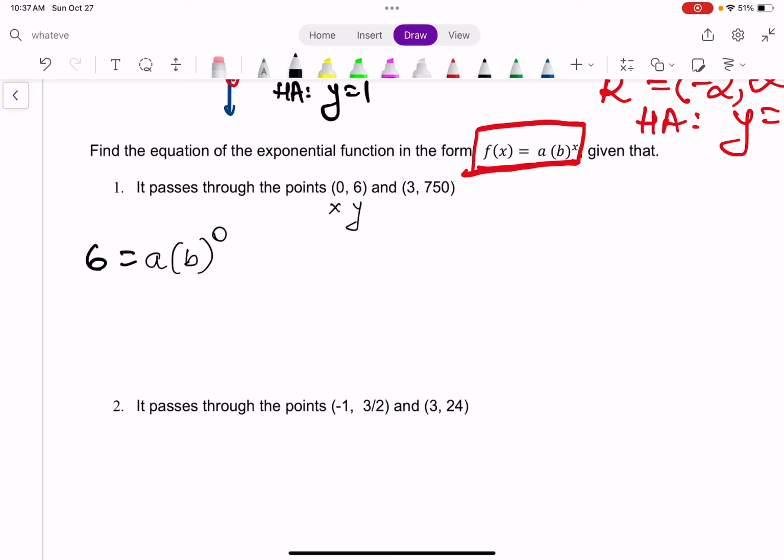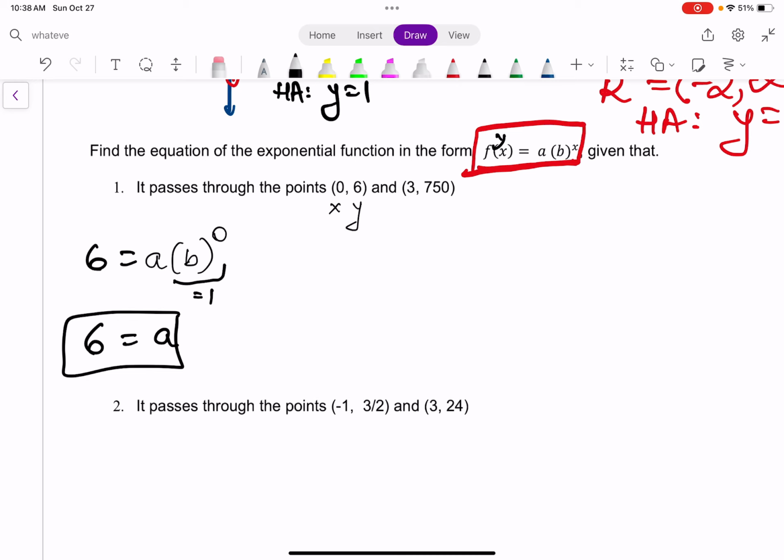So remember, f of x always stands for y. So I'm going to plug in a 6 for that y and a 0 for the x. Now that's very nice, because anything raised to the power of 0 equals 1. And there you go. I already found my a.